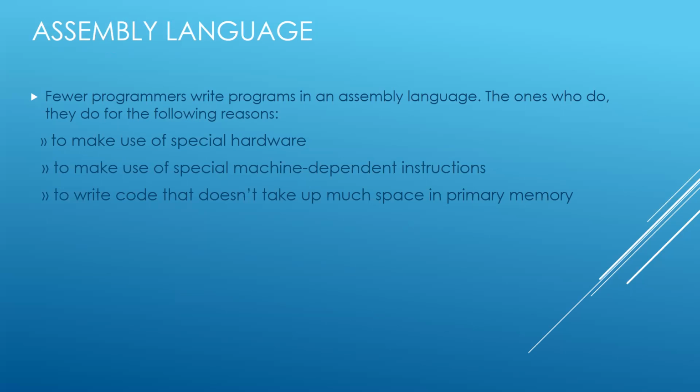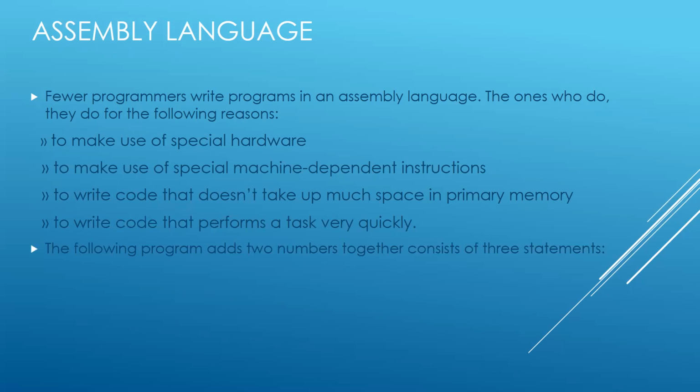Now, if I write the program in assembly language, it is not going to take up much space in the primary memory, and that is a very big advantage. It also lets you write code that performs a task very quickly. So the biggest advantage is that people are still programming in assembly because they are using code that performs the task very quickly, and this is making them very popular.